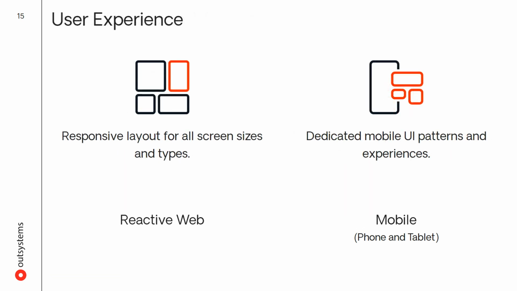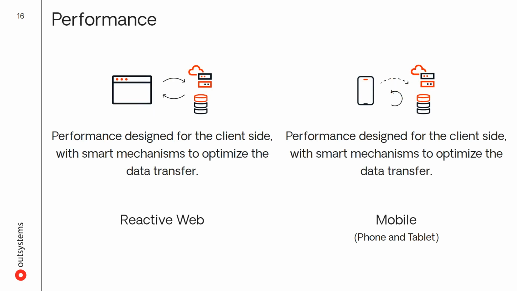User experience is highly important. A reactive web app will enable you to create responsive layouts that adapt dynamically to the device's screen size. On the other hand, a mobile app needs to have its experience tailored for small devices, where fingers are tools for interaction. As for performance, there is no difference. Remember, behind the scenes, both reactive web and mobile apps share the same technology stack.